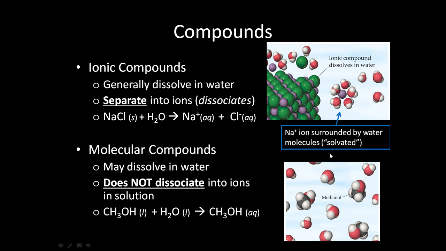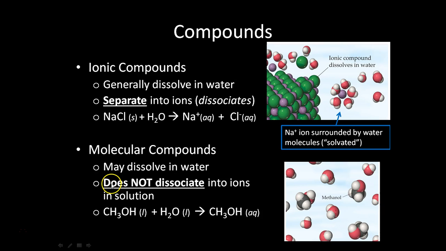Now, if we took another solution, say a 1 molar solution of sodium sulfate, well, for every formula unit of sodium sulfate, there are 2 sodium ions and 1 sulfate ion.